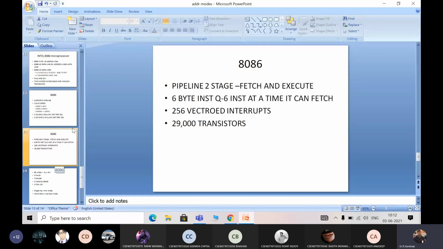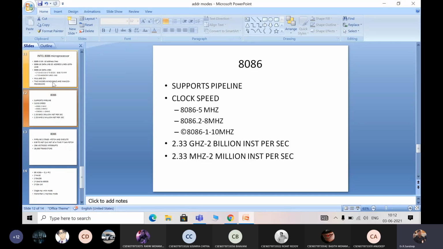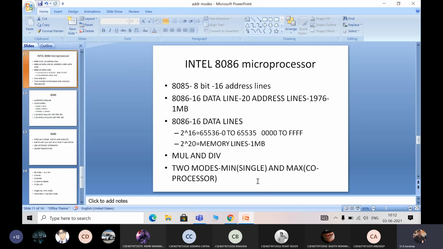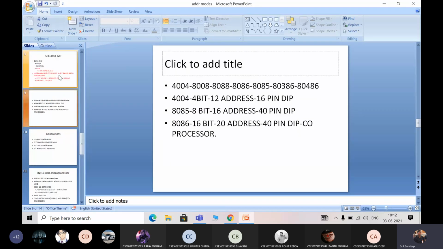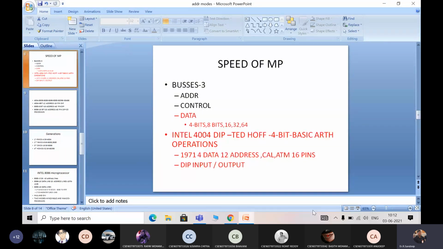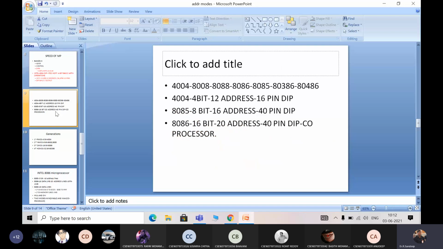Tell me what I explained about the coprocessor mode. Here I told already the microprocessor will support the coprocessor mode in the starting itself. Did you remember at least that one?